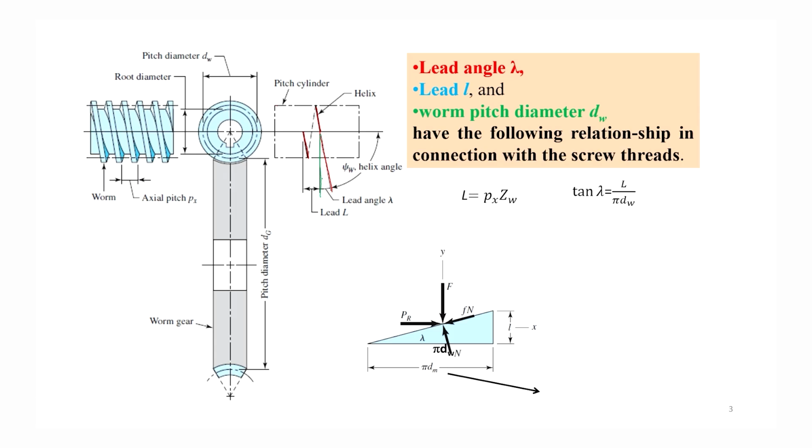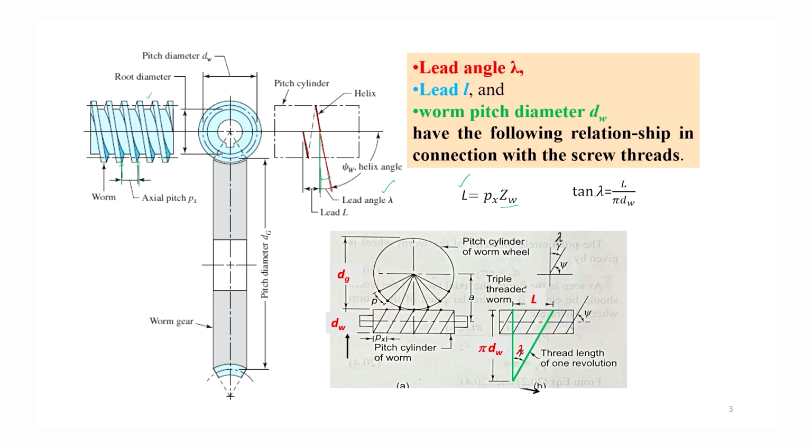The angle between these two lines is called the lead angle. The distance between two consecutive points on the thread is called the axial pitch, px, and if the number of threads or starts on the worm is zw, then lead is equal to px multiplied by zw.